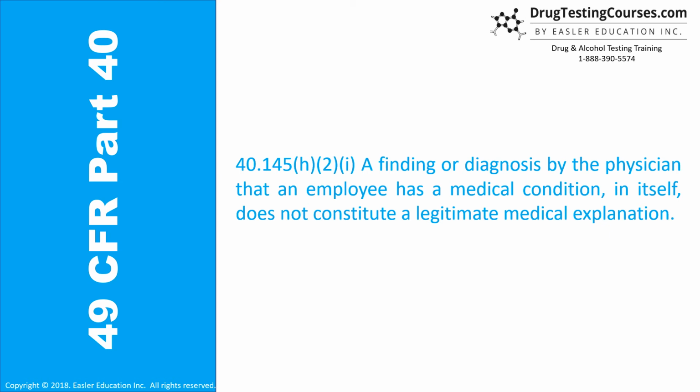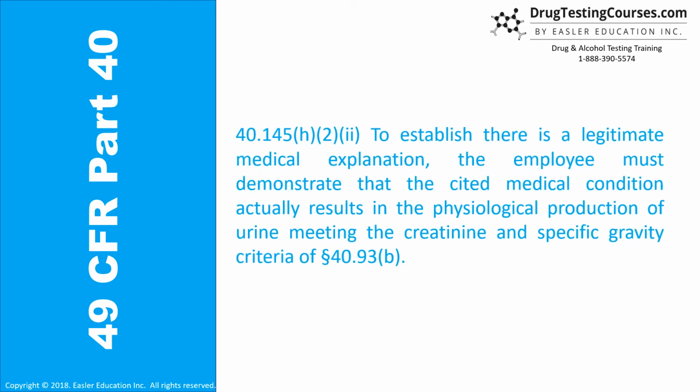A finding or diagnosis by a physician that an employee has a medical condition in itself does not constitute a legitimate medical explanation. 40.145(h)(2)(ii). To establish there is a legitimate medical explanation, the employee must demonstrate that the cited medical condition actually results in the physiological production of urine meeting the creatinine and specific gravity criteria of Section 40.93(b).